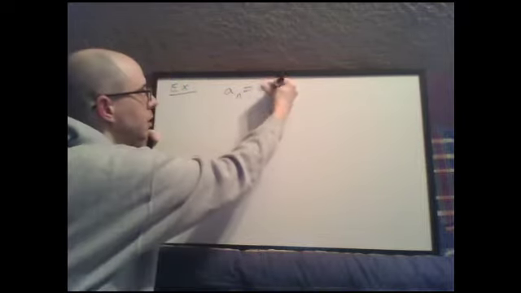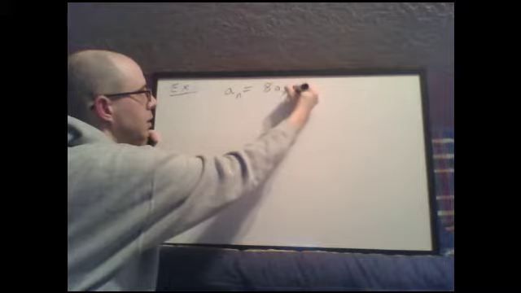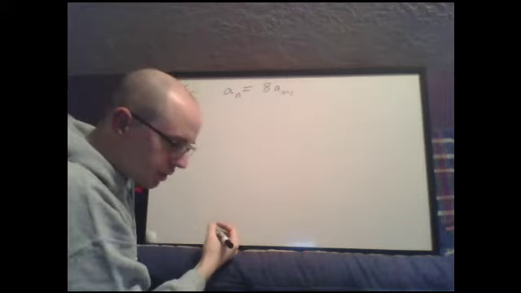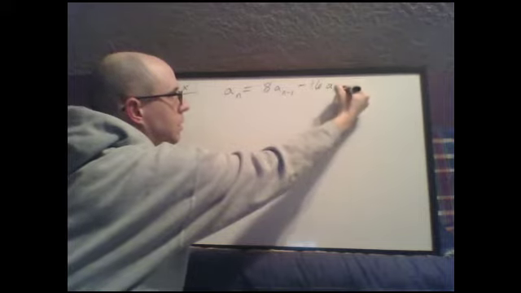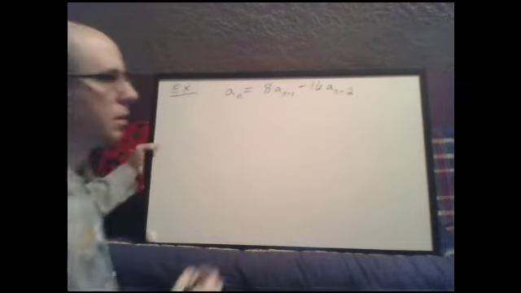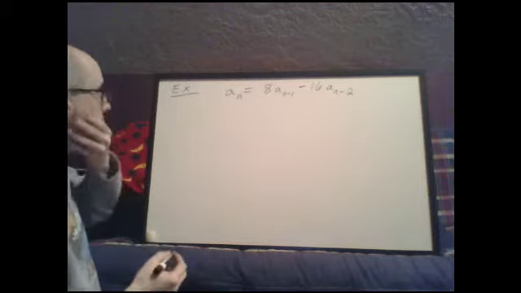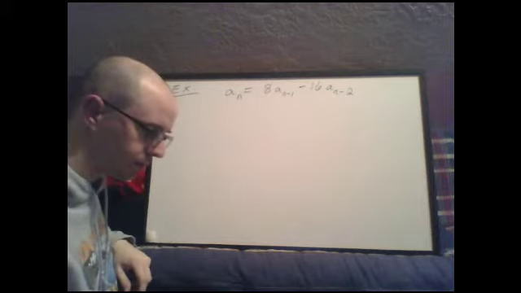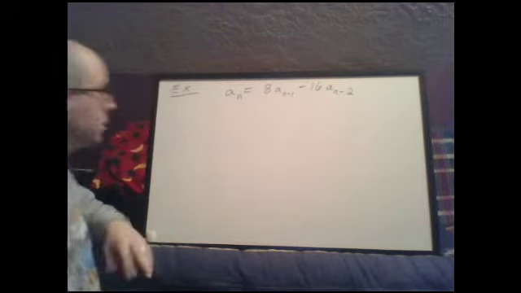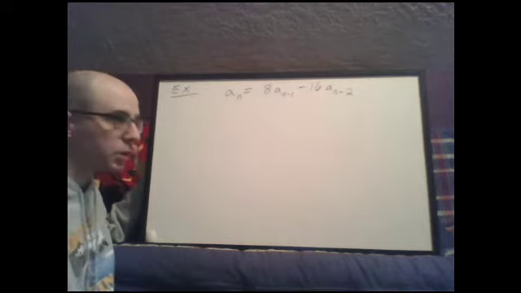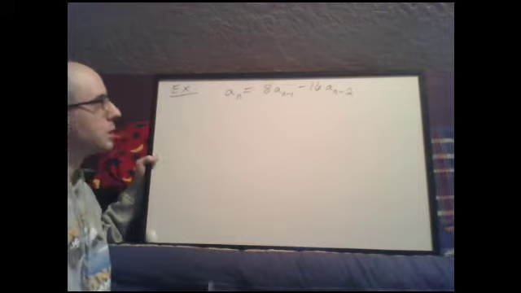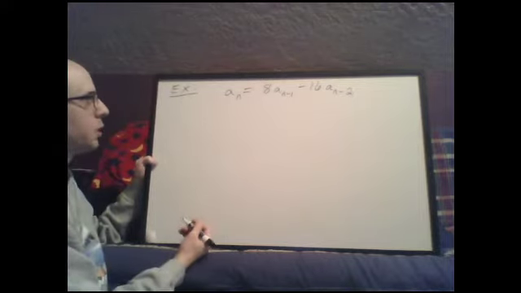All right, so my problem is a_n equals 8 a_{n-1} minus 16 a_{n-2}. We won't worry about initial conditions yet. All right, so we've got this recurrence. So let's quickly do the characteristic equation.